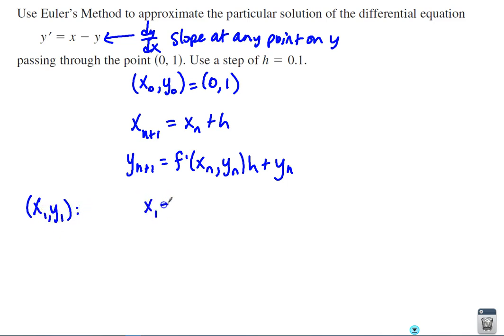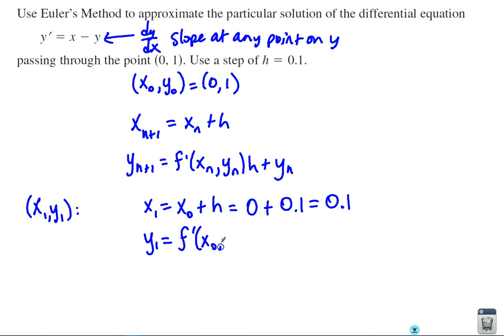So x1 is going to be equal to x naught plus h. X naught was 0. H was 0.1. So that is 0.1. Y1 is going to be equal to my slope at x naught, y naught times h plus y naught.